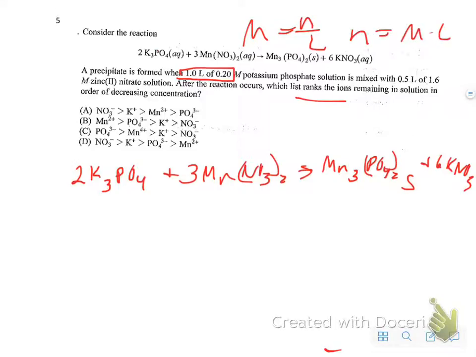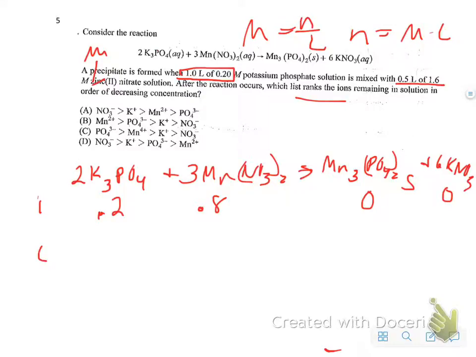So 1 times 0.2 for potassium phosphate, I'm starting with 0.2 moles. Okay, and for zinc nitrate, which we said should be manganese nitrate, right? We have half a liter of 1.6 molar, so 0.5 times 1.6 is going to be 0.8 moles. And of course I start with none of this and none of this.